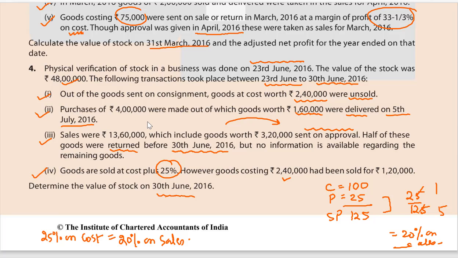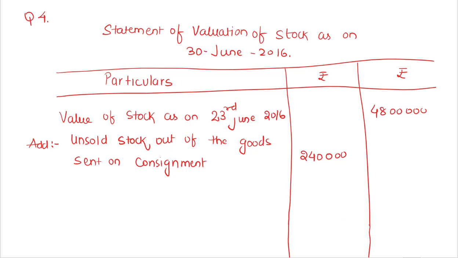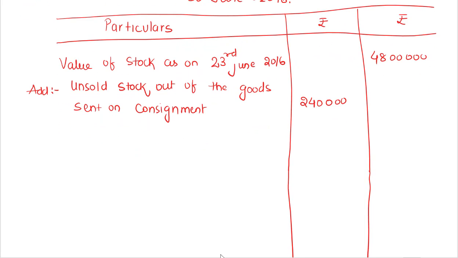But before 30th June 2016, the goods of 2,40,000 had been delivered. That is 4 lakh minus 1,60,000, which should be included in the closing stock.